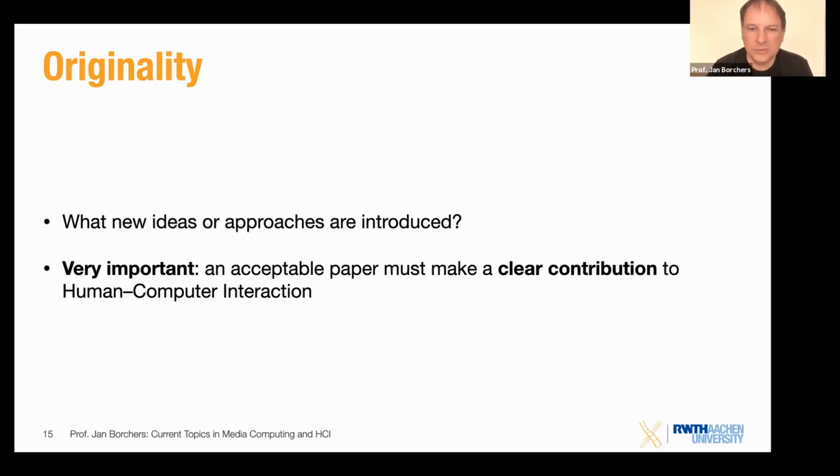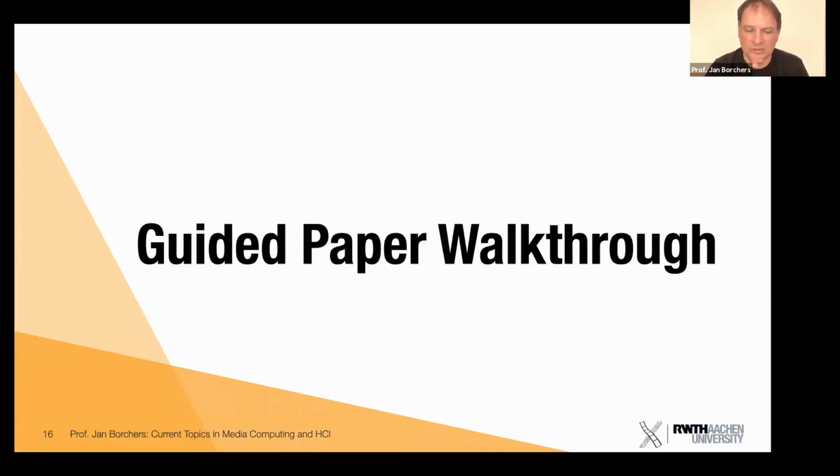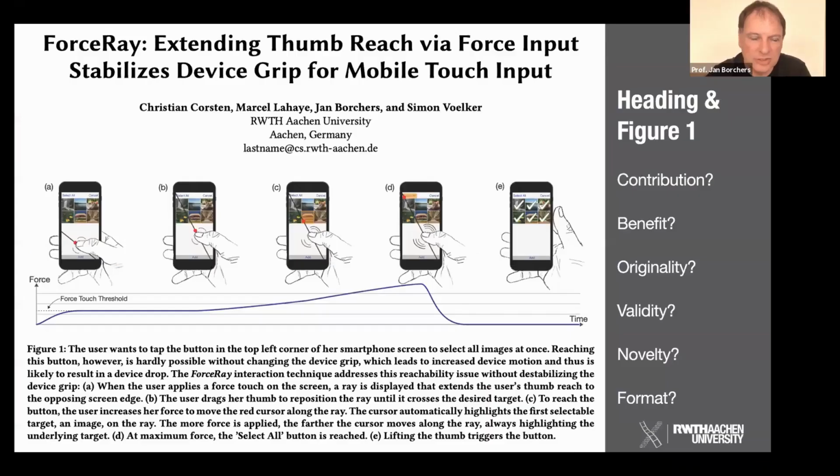So now we're doing something that we haven't done before in this class. We're doing this for the first time this year, but I think it's very helpful to understand how HCI research gets published. We're going to take you through a walkthrough of a paper. This is the paper that you guys already know, ForceRay, extending thumb reach via force input stabilizers, and so on.